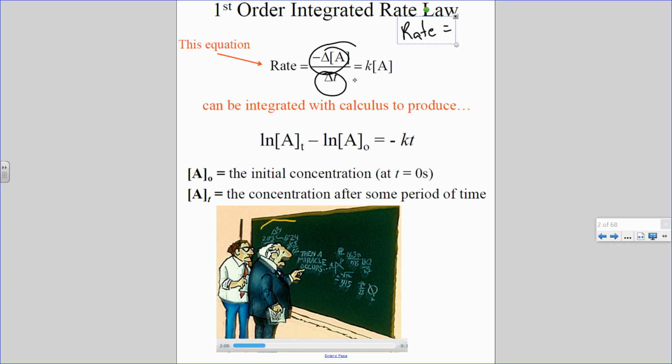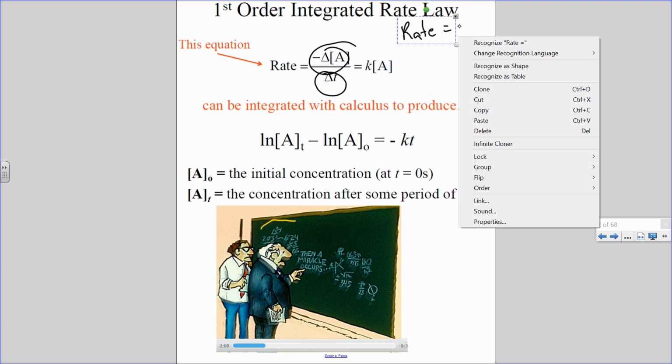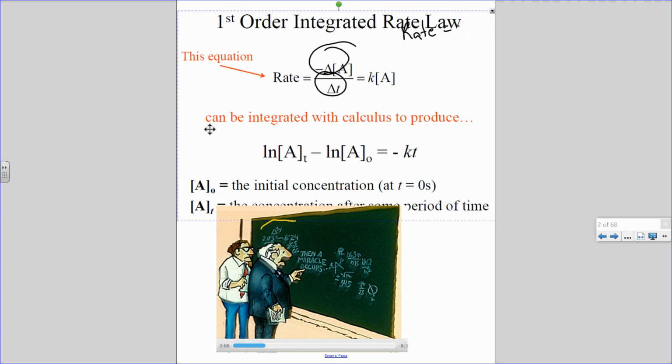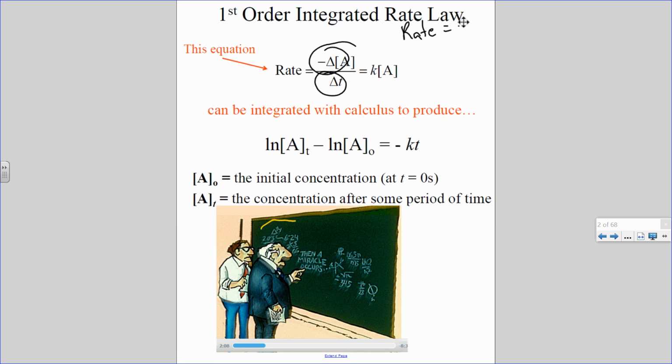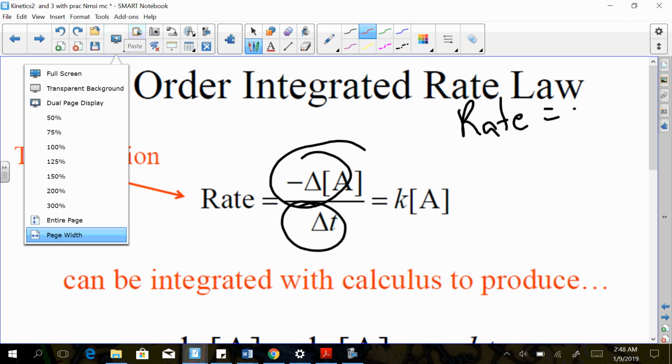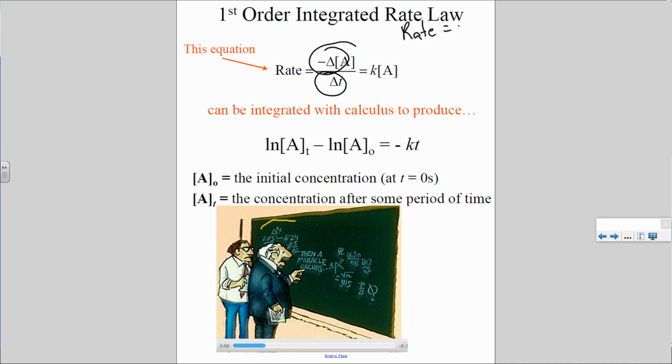We also talked about how rate can equal the rate constant k times the concentration of whatever the reactants are.